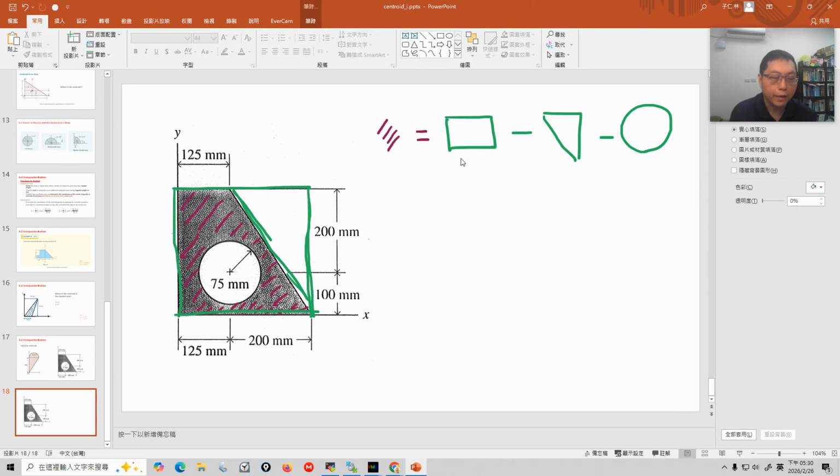The second step is to find the centroid of each part. So we need to find the centroid of these three parts: 1, 2, 3. And then finally we do the area average.